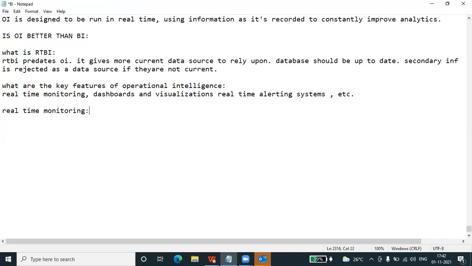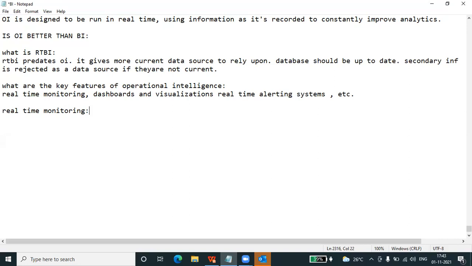Real-time monitoring. This is the very core of what defines operational intelligence. Every operational intelligence solution will monitor its own data sources in real time, whether the data is drawn from manufacturing floor machine sensors, retail sales feeds, or alerts generated when an application deployed to customers begins to crash.